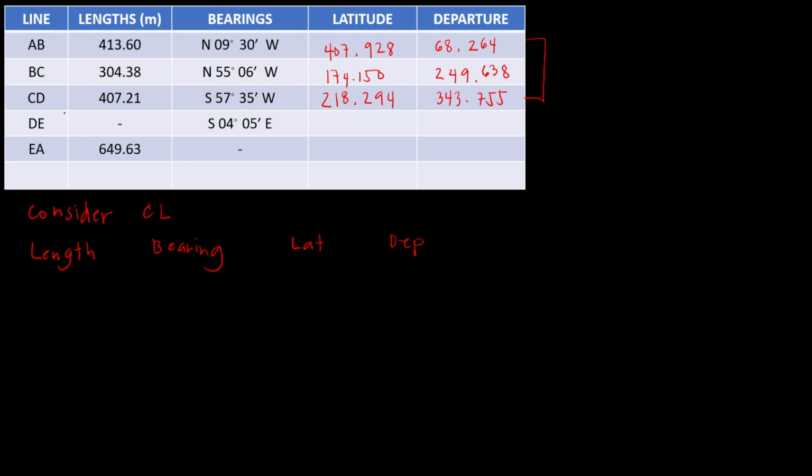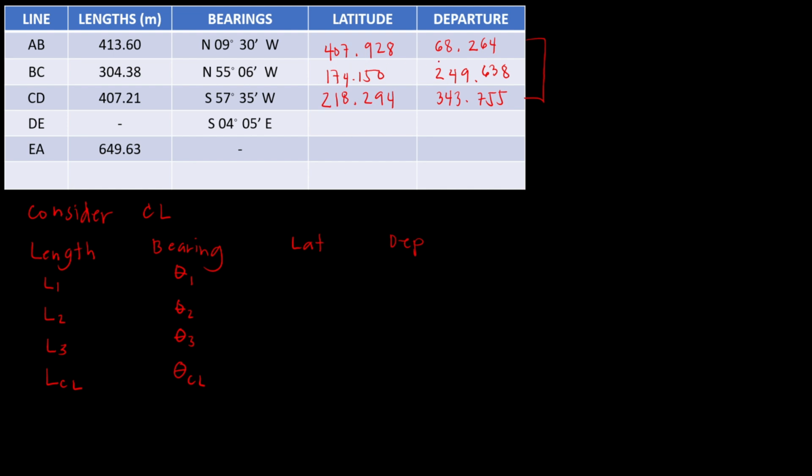Ilalagay ko na lang, since L1, L2, L3, and then length ng closing line natin. Tapos yung bearing, theta 1, theta 2, theta 3, and then yung bearing ng CL natin. Since dito nakuha na natin yung mga latitude and departure ng mga line natin, ilagay lang natin dito.